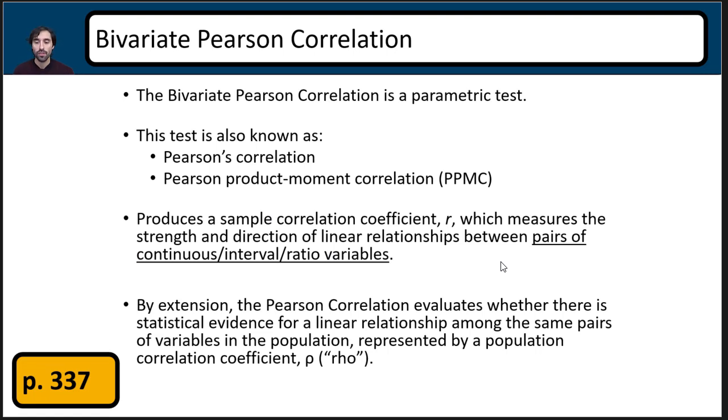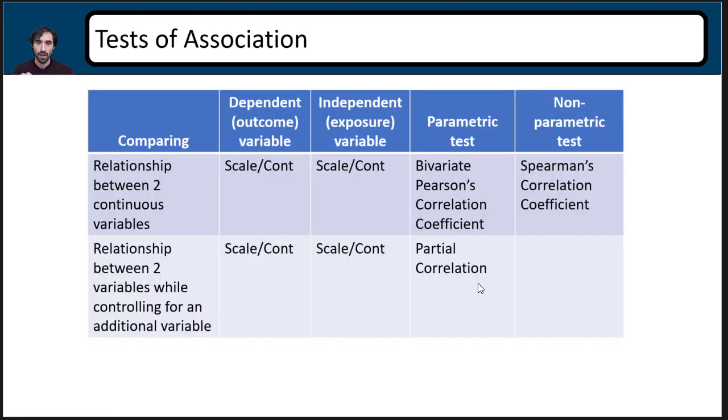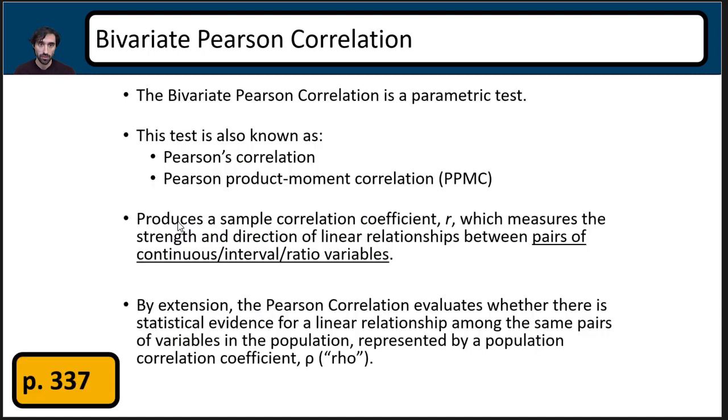All right, so first off, let's talk about this top one, the bivariate Pearson's correlation coefficient. Again, we're looking at the relationship between two continuous variables. This is also known as Pearson's correlation or Pearson's product moment correlation, and it produces a sample correlation coefficient of r.